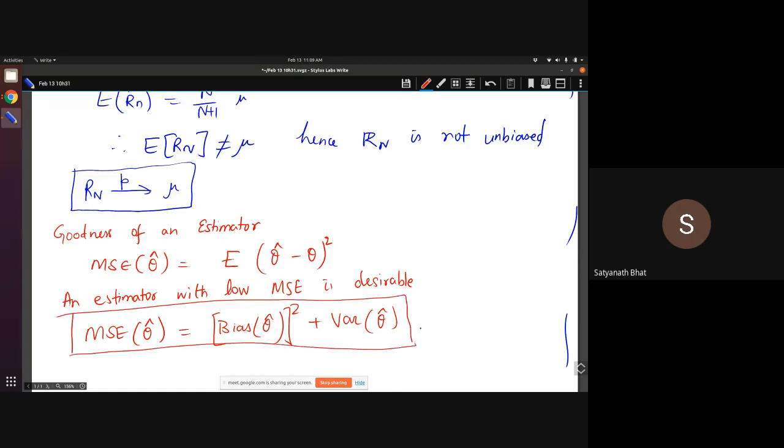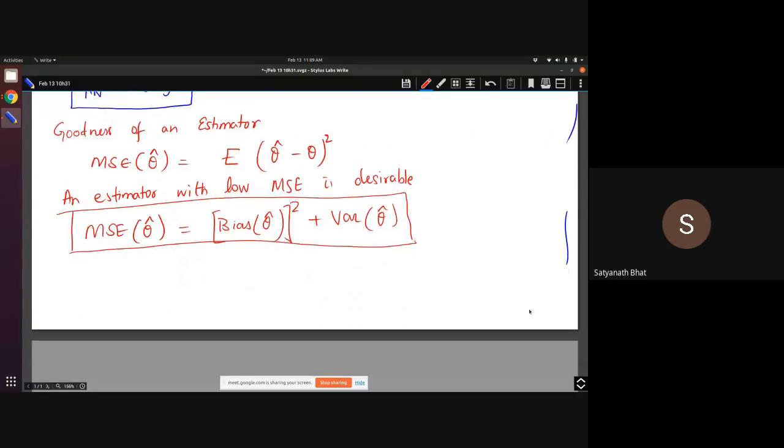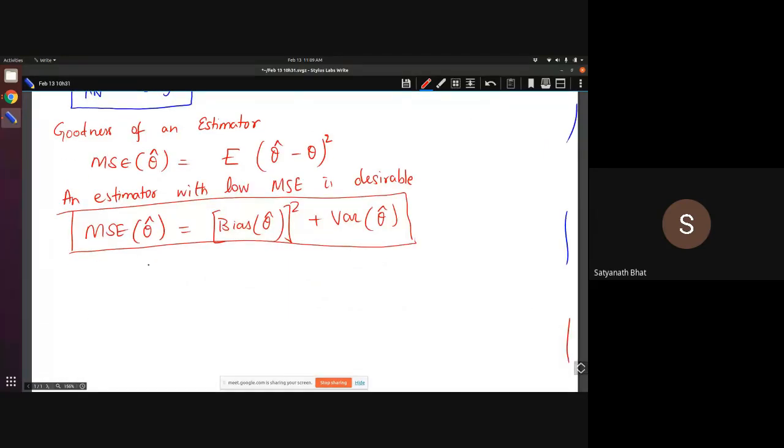We will start with the definition of MSE, which is given by this. We will split it into two parts. This is an easy algebraic proof, nothing really complicated. Let's add and subtract the expected value of theta hat. Now, a question.